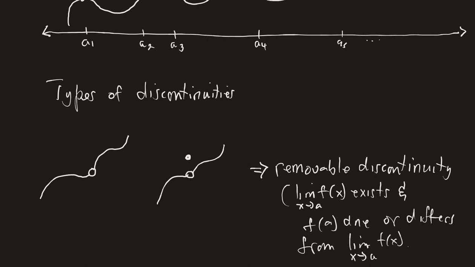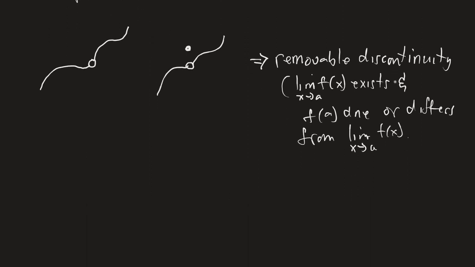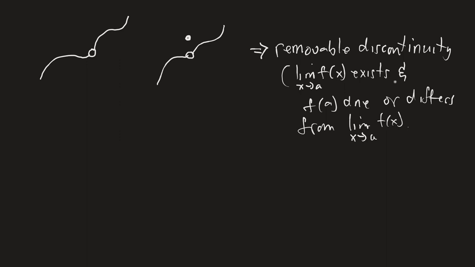Now we can worsen the type of discontinuity, if you will. Why would we want to do that? I don't know, just for kicks. But we could do that to really highlight the different ways a function can be discontinuous. So what's the other way? Well, this one has a few more possibilities. I'll try to draw as many as I can.